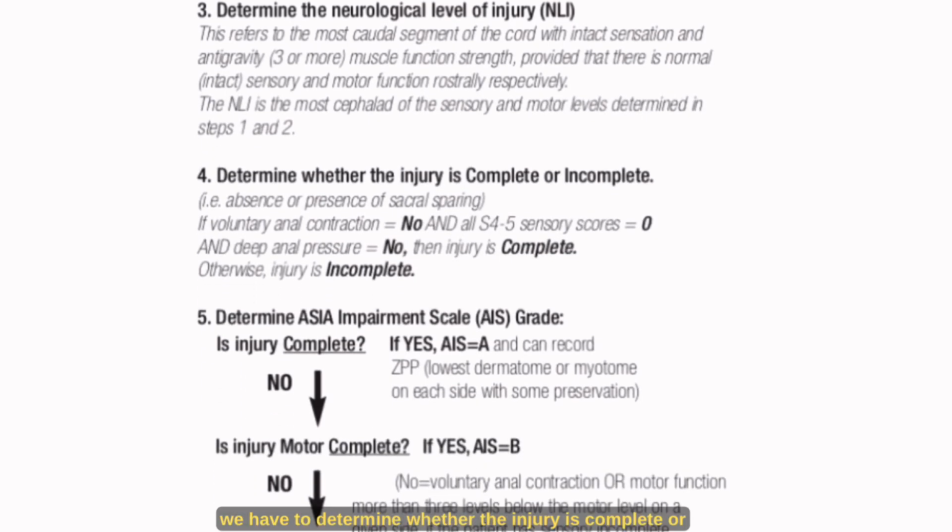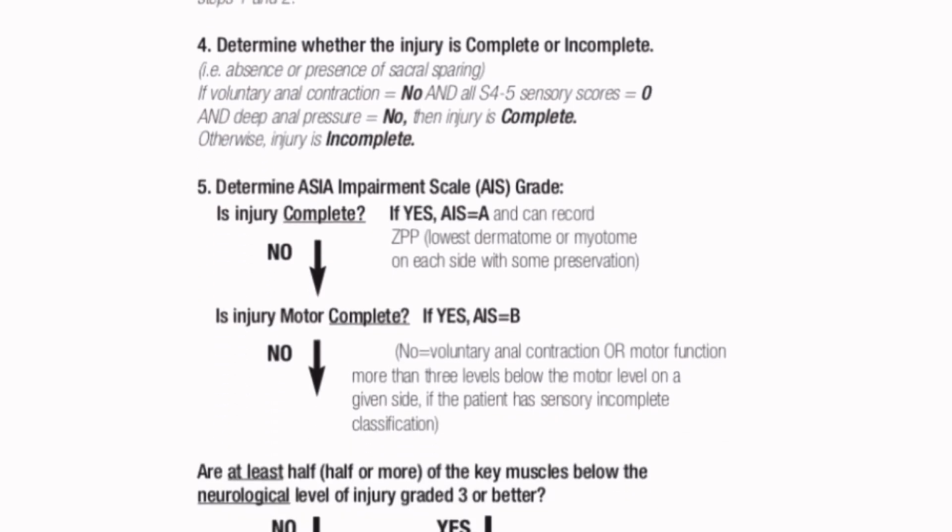Now we have to determine whether the injury is complete or incomplete. That is, there is absence of sacral sparing or presence of sacral sparing. If the voluntary anal contraction is not there and sensations are not present at S4, that is score of 0, and deep anal pressure is also not there, that means the injury is complete. Otherwise the injury is incomplete.